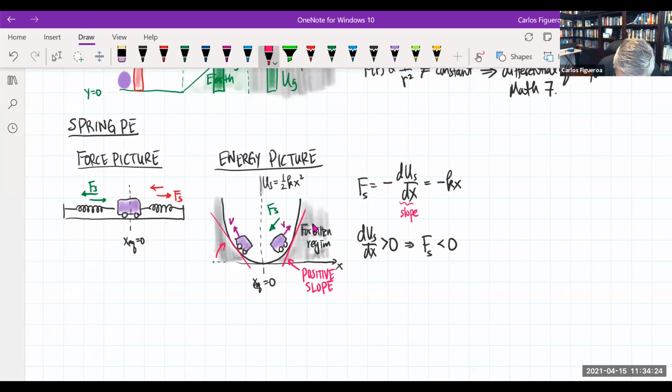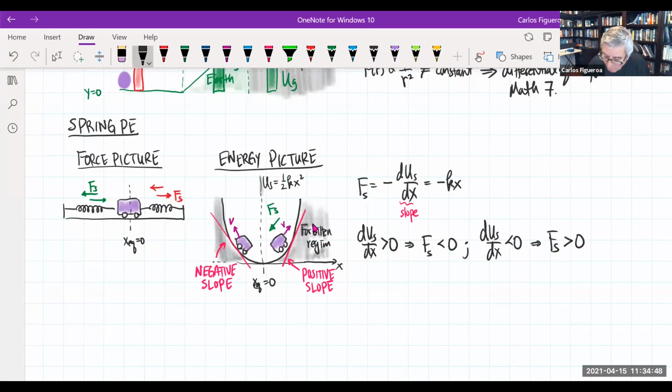So this is a negative slope. But if the spring force is negative when the slope is positive, then if the slope is negative, the spring force has to be pointed positively. So I could see that the force is pointed in the positive direction, and it slows it down.